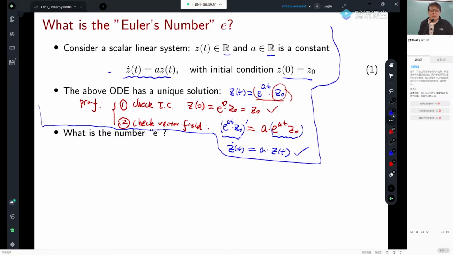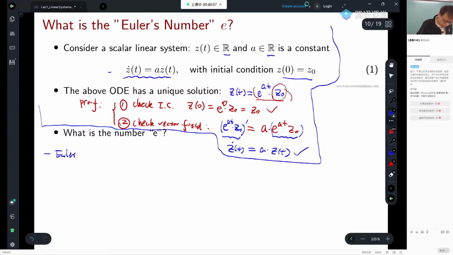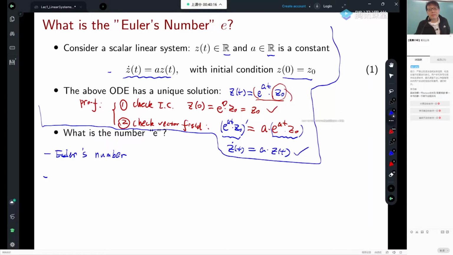Okay. Does this really make sense to you? Why does this happen? Because there's a magic number here, E, right? You remember what this means? E is the so-called Euler's number. Okay, how is it defined? There are various ways to define E, okay?